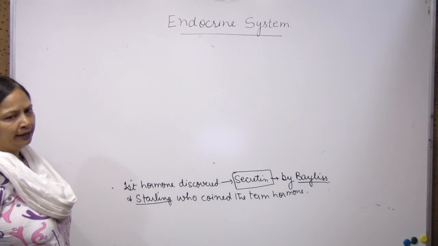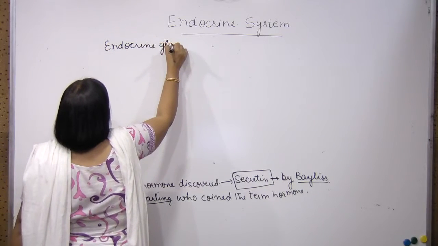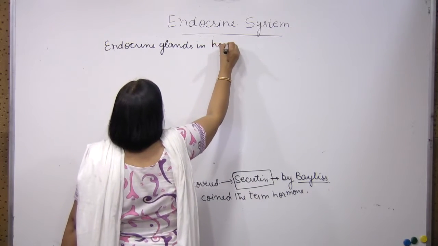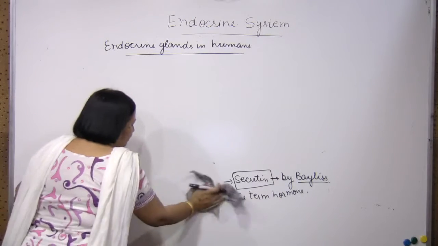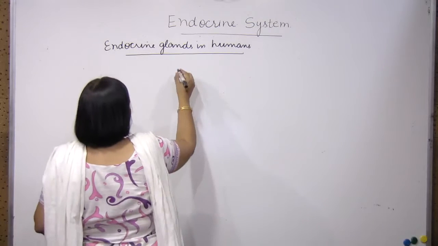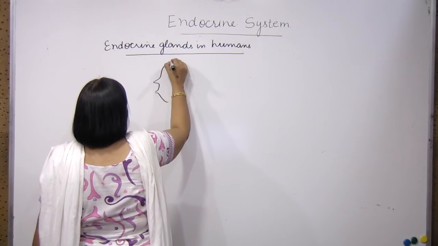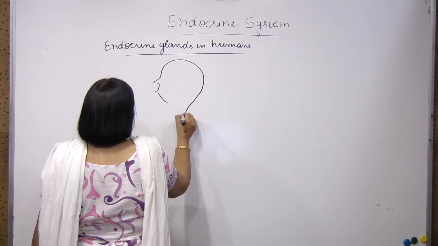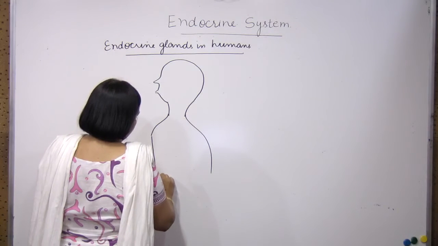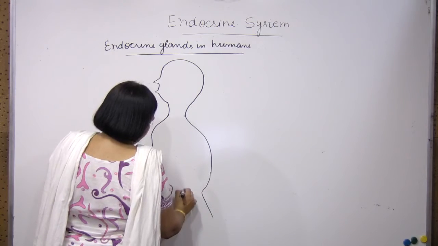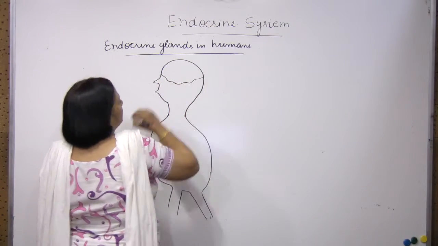So, which are the pure endocrine glands in humans? If I draw a rough diagram of the human body, you will see this is the head region. This is the brain.